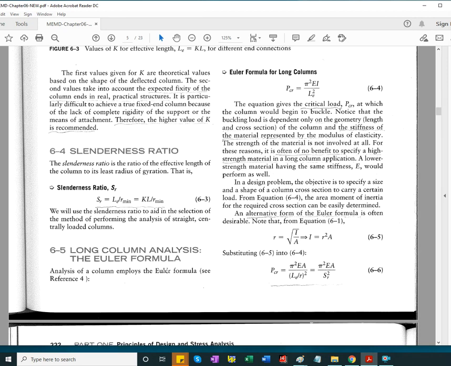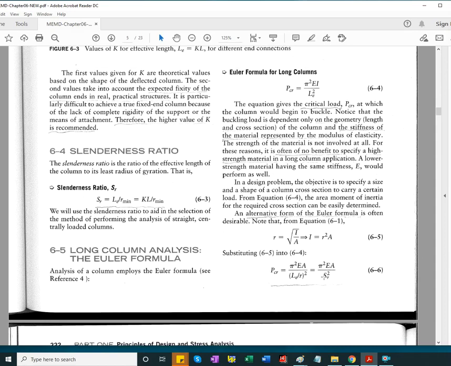First derived by Euler. So theoretically, and for a slender column, the buckling occurs when the axial load reaches this critical value, which is pi squared times Young's modulus of elasticity of the material of the column, which is considered, of course, homogeneous, times moment of inertia divided by equivalent length squared.